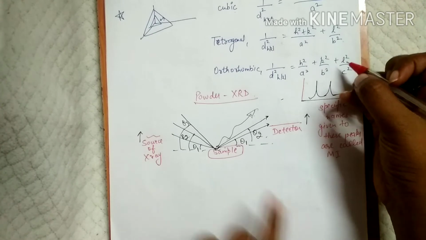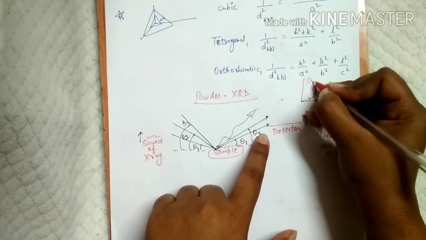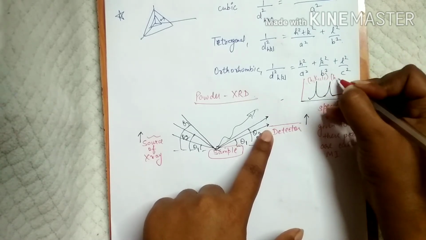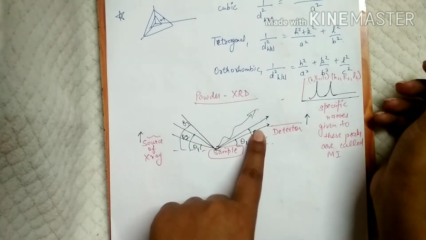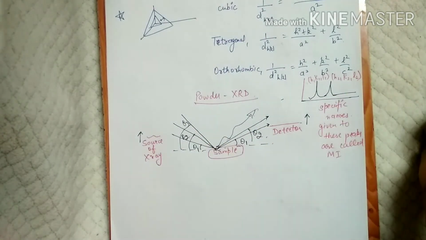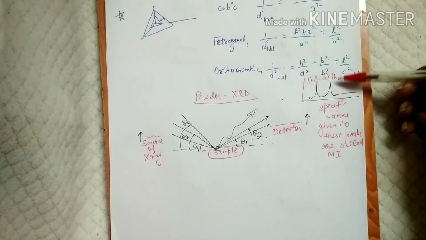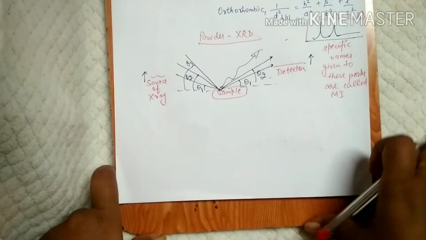Suppose this at angle theta 1, this is your corresponding H1, K1 and L1. For theta 2 it is H2, K2 and L2. For theta 3 it is not observed, so we will not get any peak. So these specific peaks which are observed are your Miller indices. Understand it better.